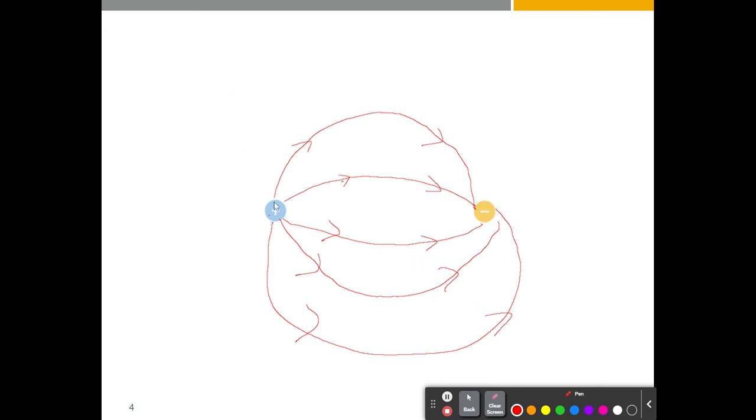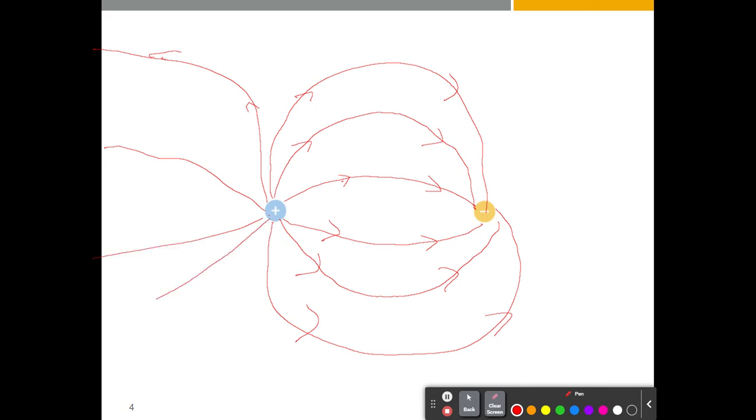And so we draw, and of course my drawing's not perfect. And then once you get far enough away, actually, let's go all the way to the end. Your field lines would go more like that. And you would have the same phenomenon, the same model on the negative.